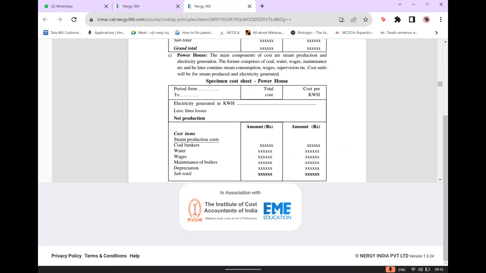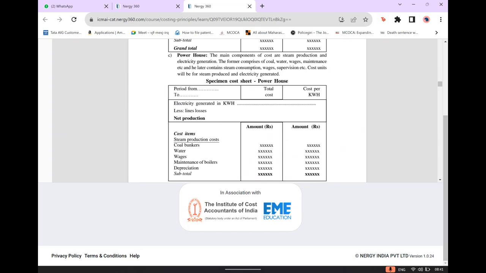For the transport industry, it can be passenger miles or passenger kilometer, or ton kilometer. Likewise, for the electricity production or distribution company, the cost unit shall be kilowatt hour.